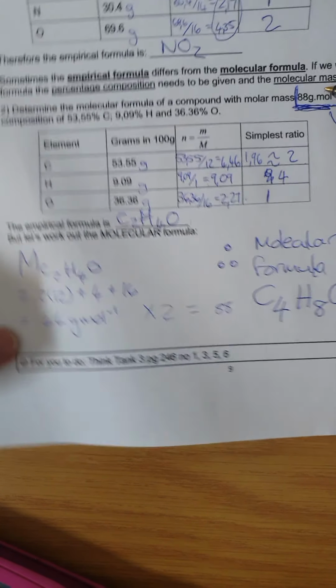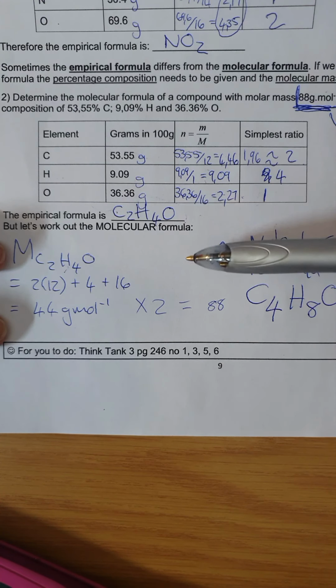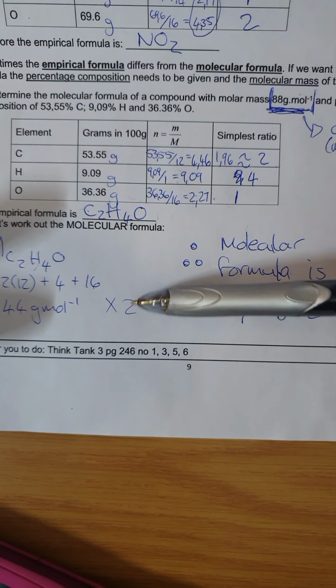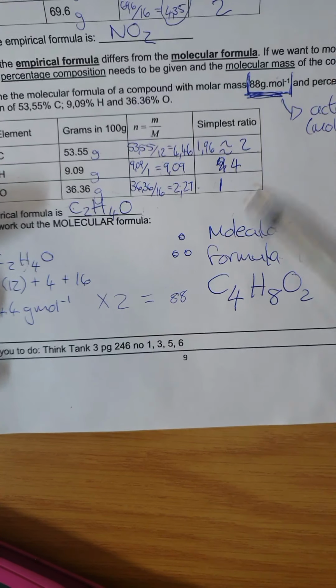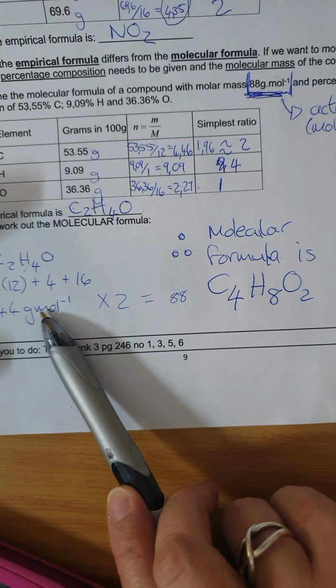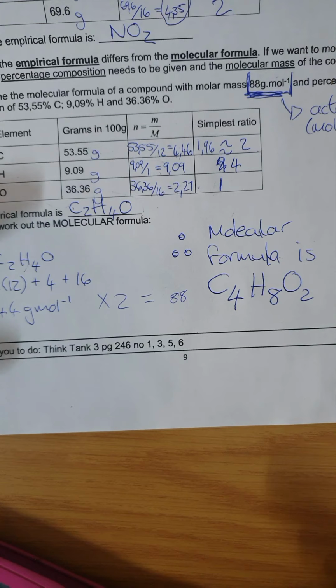So I worked out the molar mass for the compound that I got, and if it's the same, then it is the same as the molecular mass. If it is not, it's always going to be less, so you times by however much you are short. It's usually times by 2 or times by 3; it's very rare to times by any more than that. So you'll just compare the molar mass that you made to the molar mass that was given, and then adjust accordingly. All right, okay, I hope you understand.